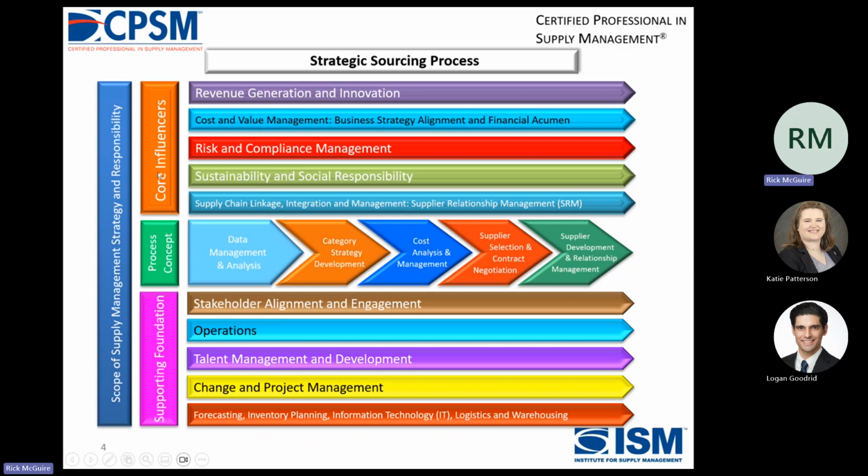And above are the 5 core influencers: supplier relationship management, green social responsibility, risk, business strategy alignment, financial cost, revenue generation, innovation. But we're going to concentrate on this middle part here. This is their strategic sourcing process.